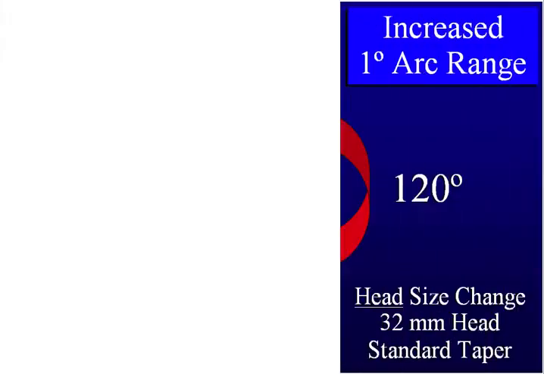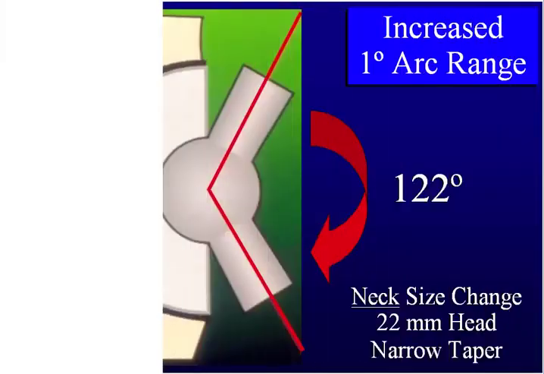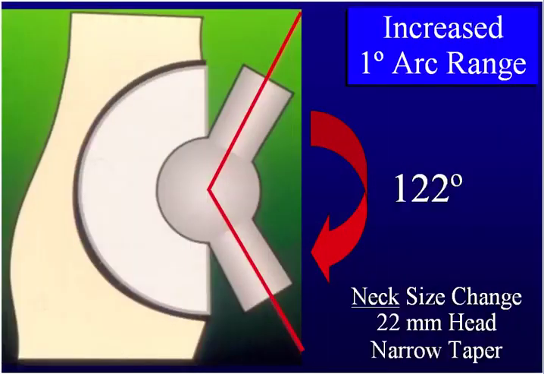If you increase the head size by going from 22 to 32, your range increases significantly from 100 to 120 degrees. Conversely, if you take your neck and narrow it down, and you still use a 22-millimeter head with a narrow neck, you can increase your arc range to 122 degrees.